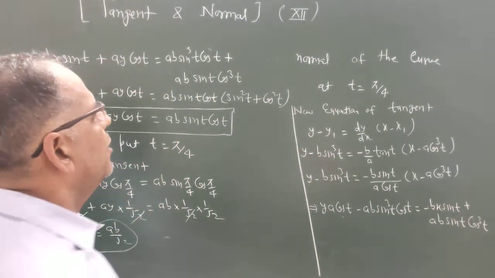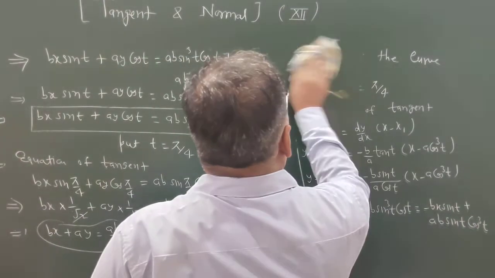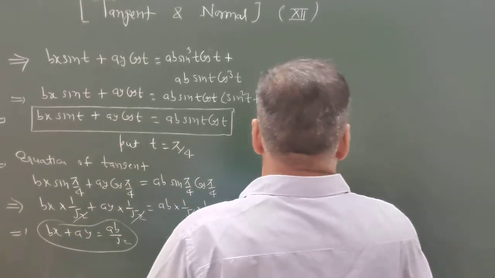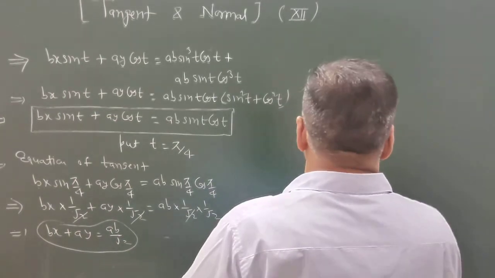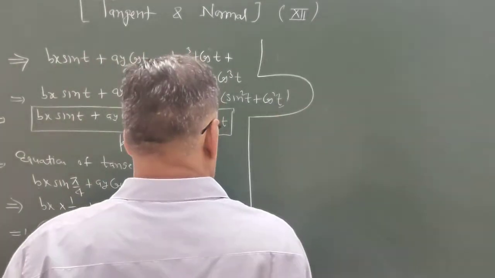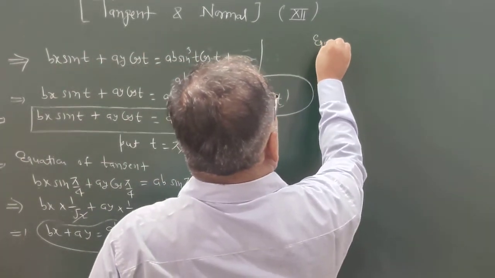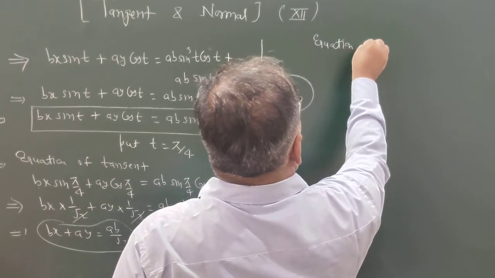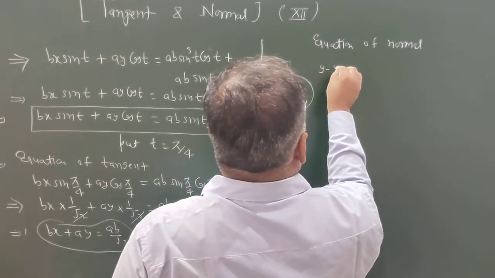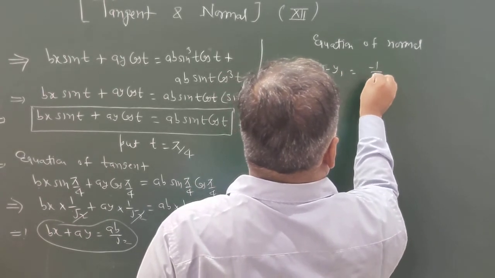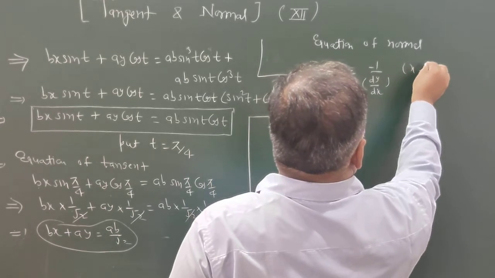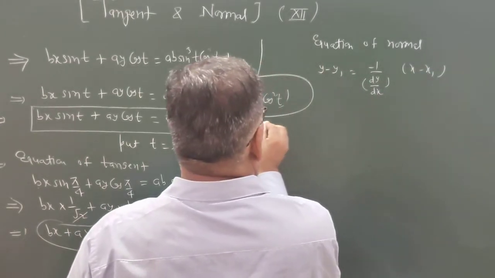Now we will discuss the normal. Equation of normal: y minus y1 equal to minus 1 upon dy over dx into x minus x1.